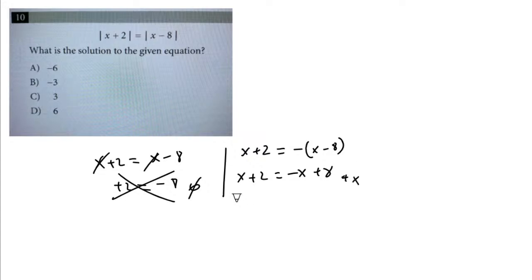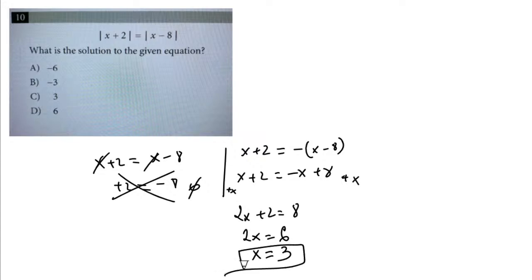So I get 2x plus 2 equals 8. From here, 2x equals 6. X, I divide by 2, equals 3. Good. And this is my solution.